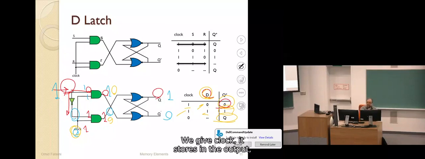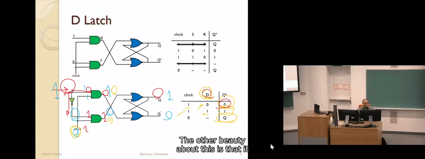We give clock, it stores in the output, and it remains there until the next clock. At the next clock, if D is changing, the Q is changing. If not, it's still there. Oh, it's a very good memory element. And the other beauty about this is that it doesn't have that invalid state of 1, 1 that we were worried about.